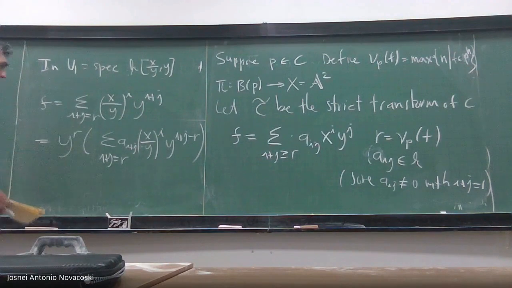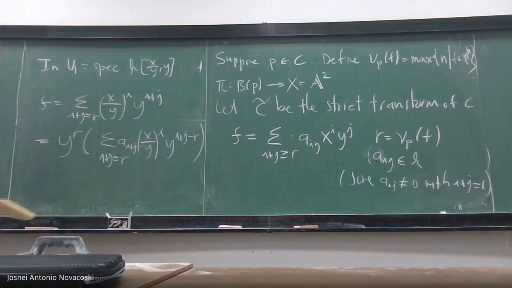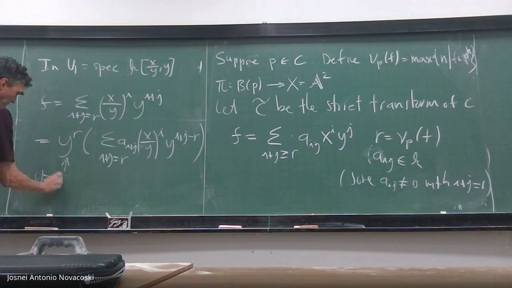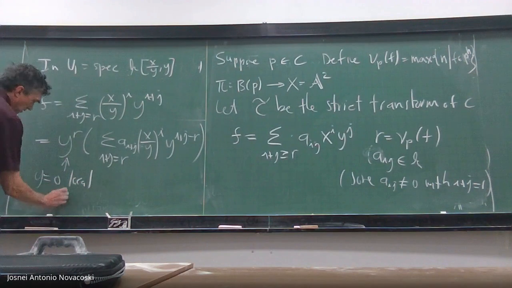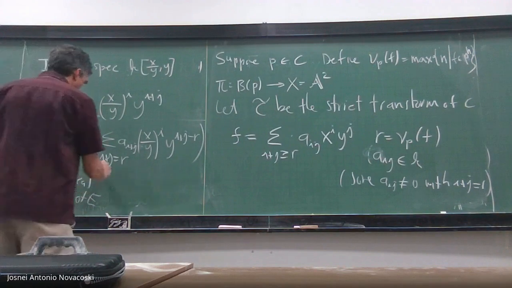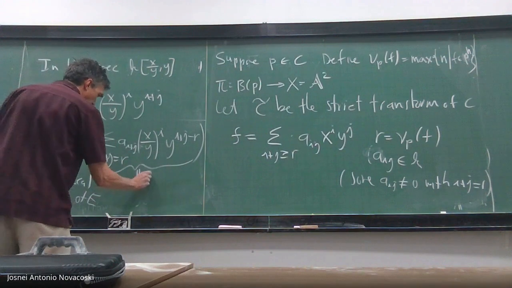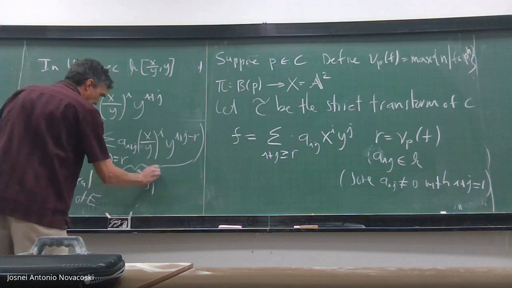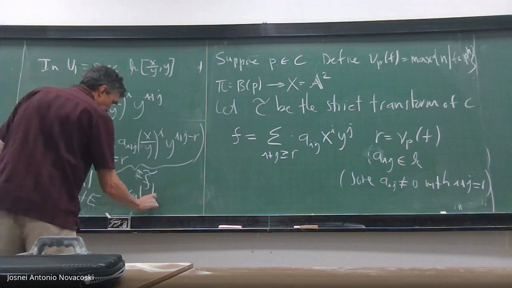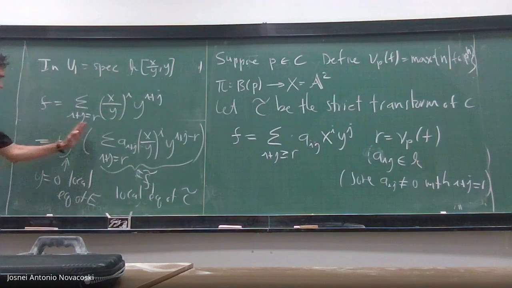This is divisible by y to the r, but this isn't. So y equal to 0 is a local equation of E in that chart. If I set this equal to F1 tilde, it is a local equation of the strict transform. I've pulled out everything which gets in the way, and this is a nice irreducible curve.